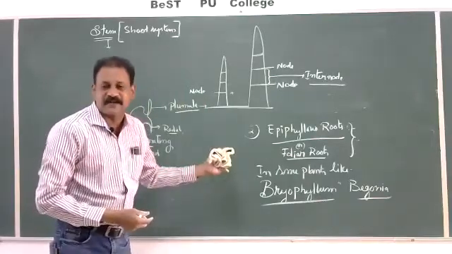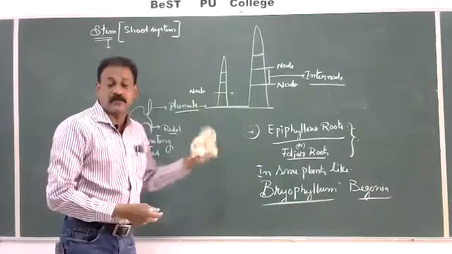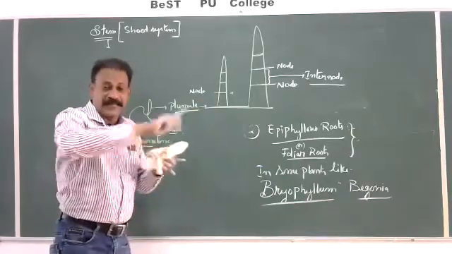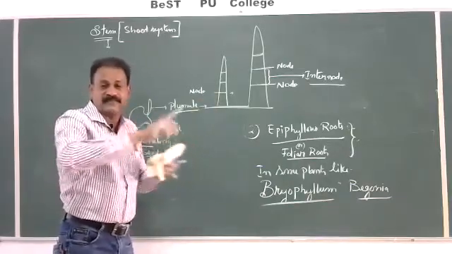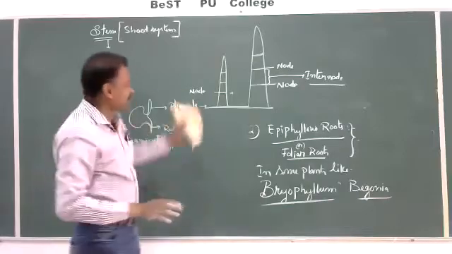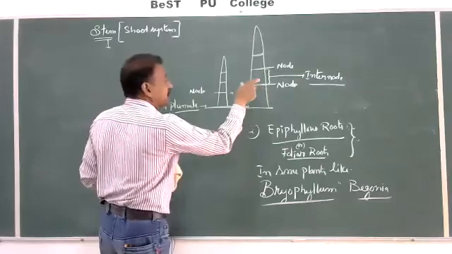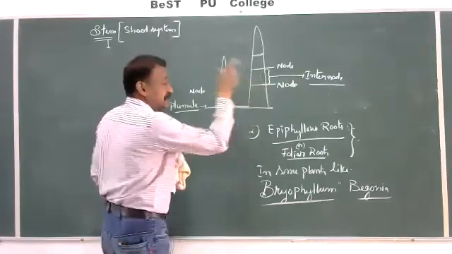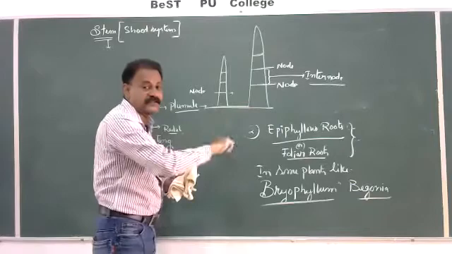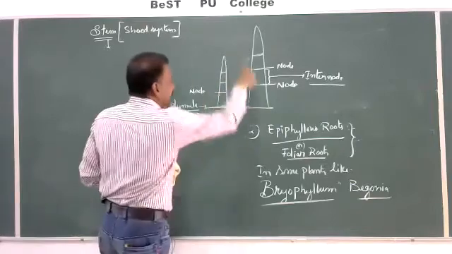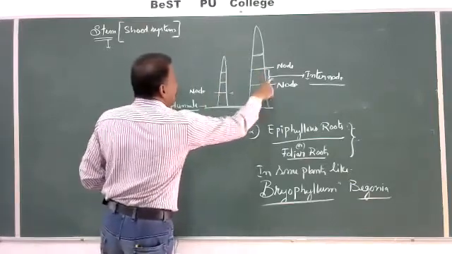The basic distinguishing character between stem and root is that the stem constitutes nodes and internodes.